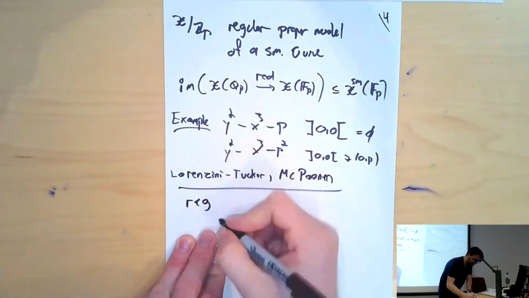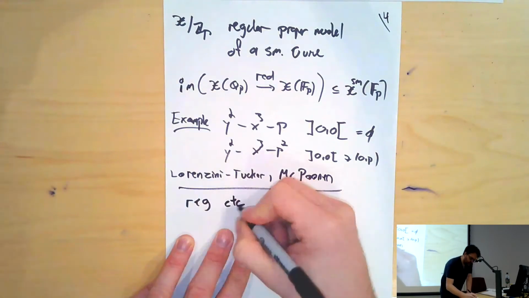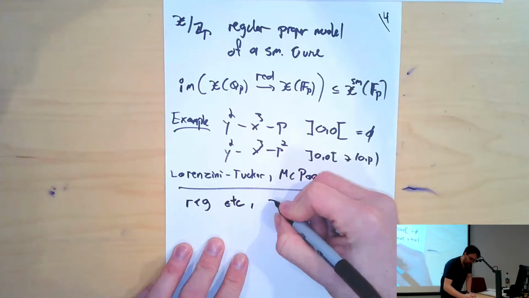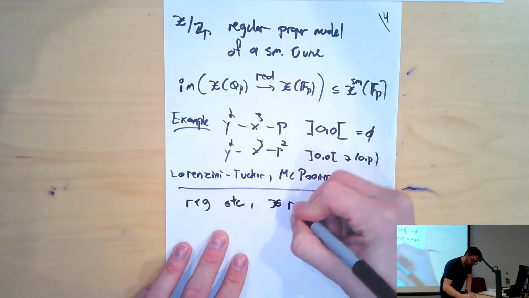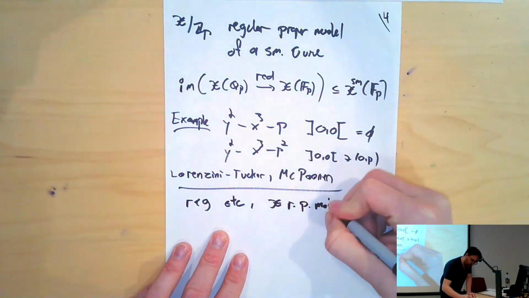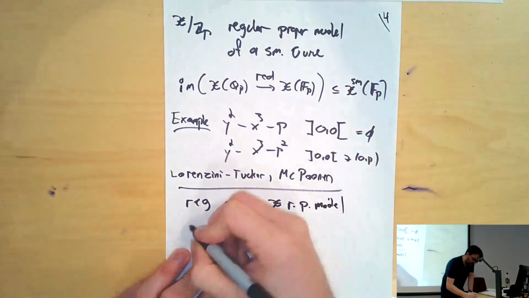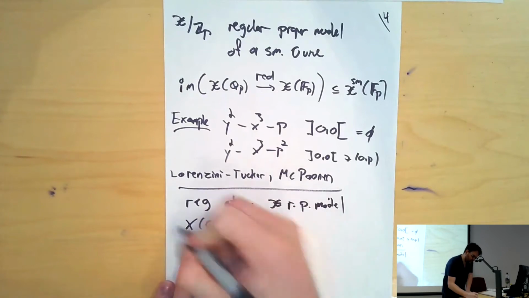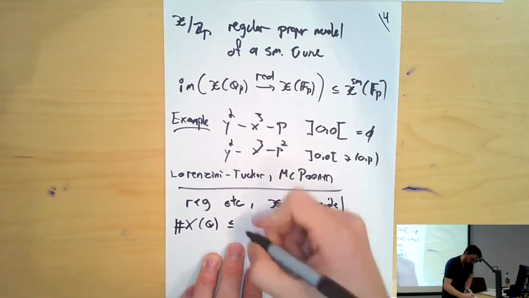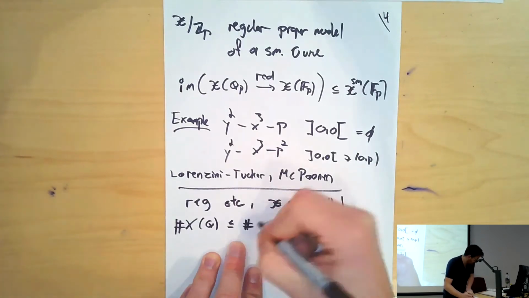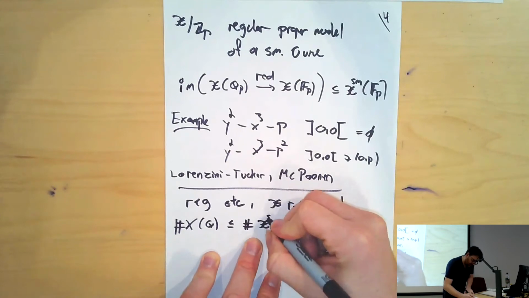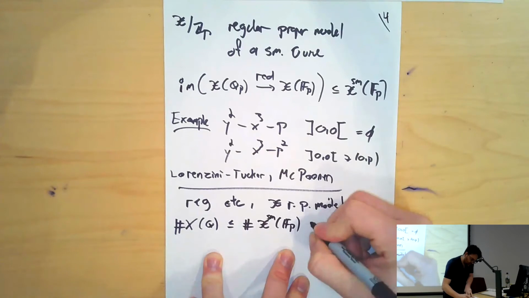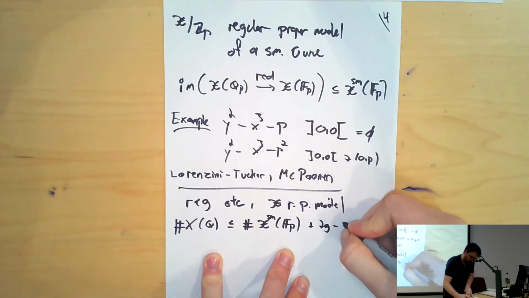So same hypotheses as usual, except instead of a prime of good reduction, we have a regular proper model. And their statement was that X(Q) has at most |X^smooth(F_p)| plus the Riemann-Roch term.